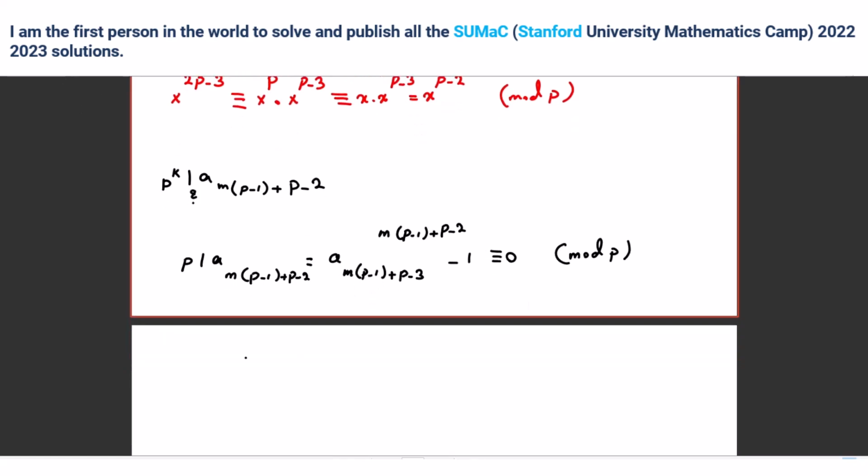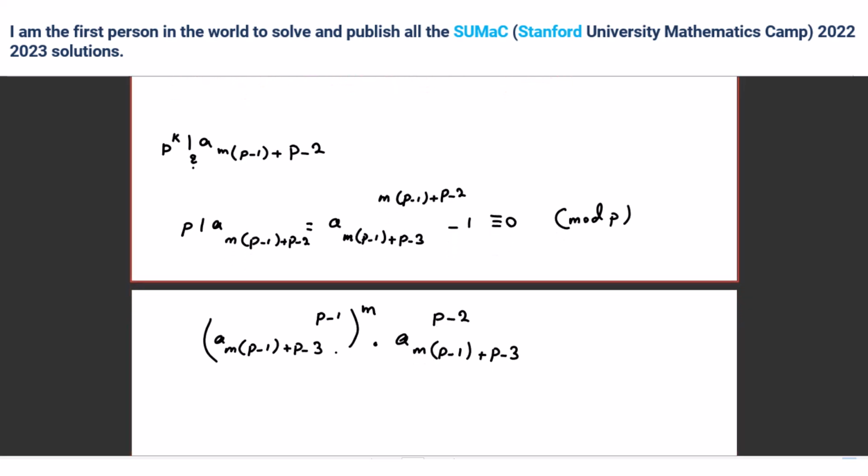Here I can write it as what? I can write it as a to the mp minus 1 plus p minus 3, to the power of p minus 1, to the power of m, times a to the mp minus 1 plus p minus 3, to the power of p minus 2, right?